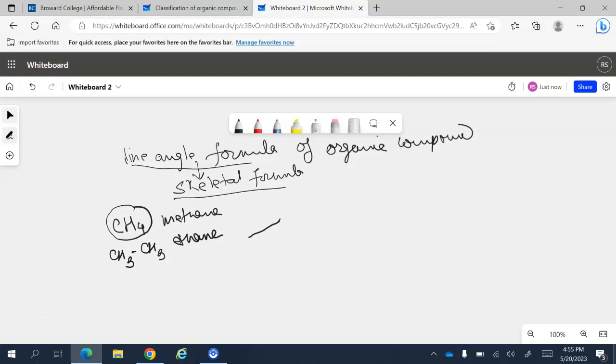How to read it: this is the end point. We represent the carbon, and since there are three hydrogens on each end, the hydrogens are hiding. In the skeletal or line angle formula, the hydrogens attached to carbon are hidden; we don't show them.